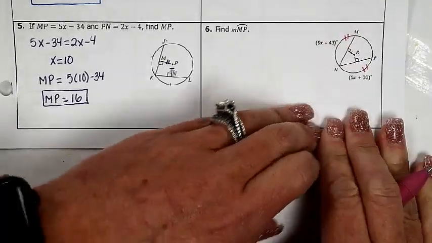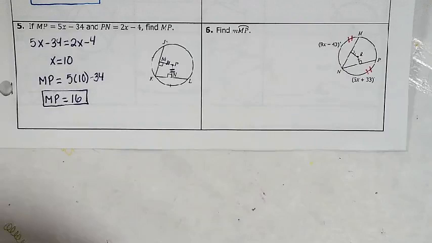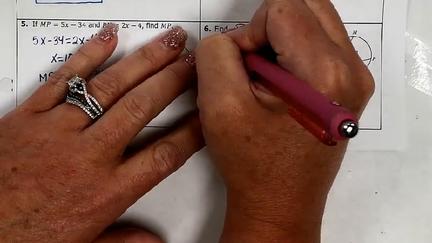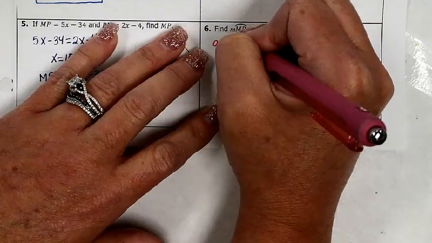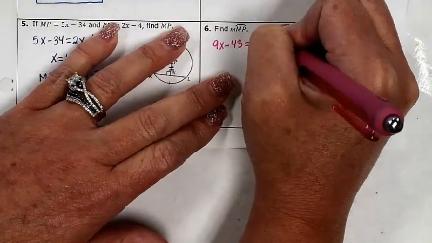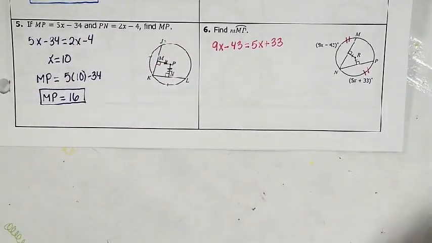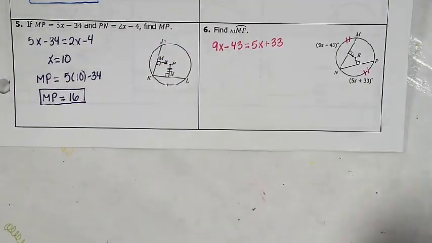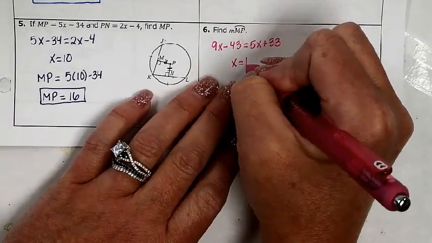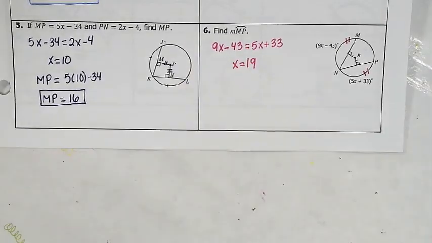So all I have to do to find x is set those two arcs equal to each other. So 9x minus 43 is equal to 5x plus 33. I'm not going to show all the steps for solving, because y'all know how to solve. We do end up getting that x is 19.